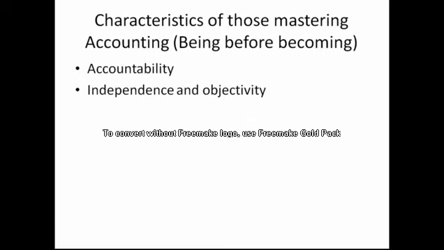Independence and objectivity, also very familiar accounting terminology. To be independent is to be able to look at something from your own perspective, and objective often relates to taking the emotions out of the equation, to look at things as they really are, to actually sometimes take yourself away from all the noise, and thereby also focusing on being independent, not influenced by others.